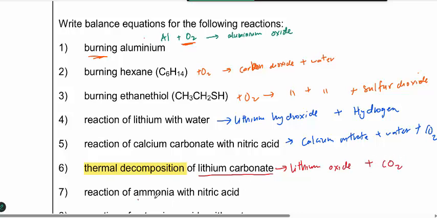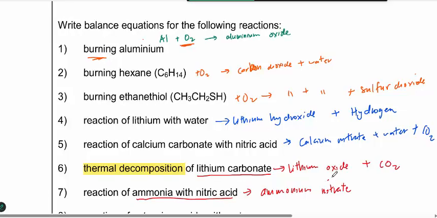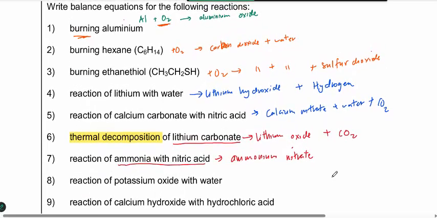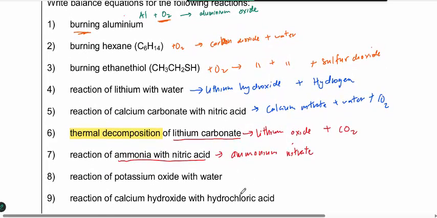Ammonia plus nitric acid becomes ammonium nitrate. Okay? And finally, some more. Potassium oxide and water becomes potassium hydroxide.